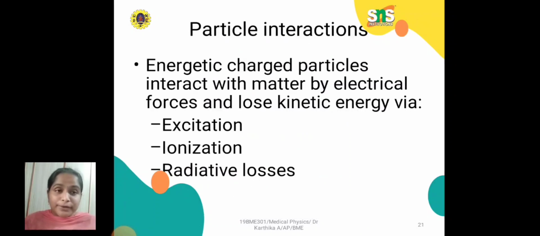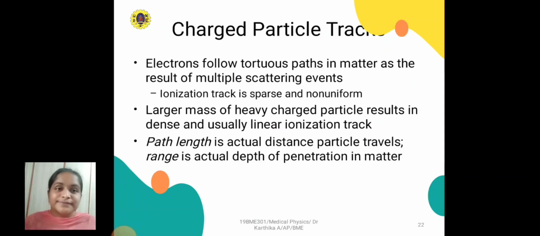And coming to particle interactions, we have excitation, ionization and radiative losses. Okay, in charged particle tracks, the ionization track is sparse and non-uniform. We know that. Here the path length is the actual distance the particle travels. Here the range is the actual depth of penetration in the matter.